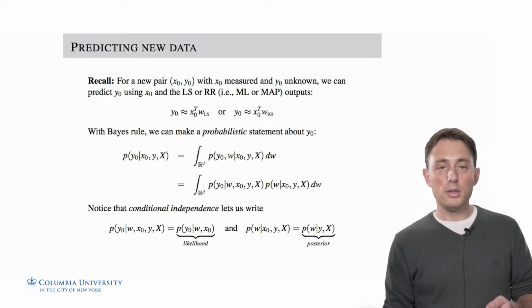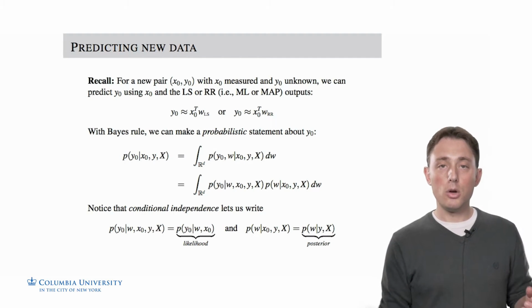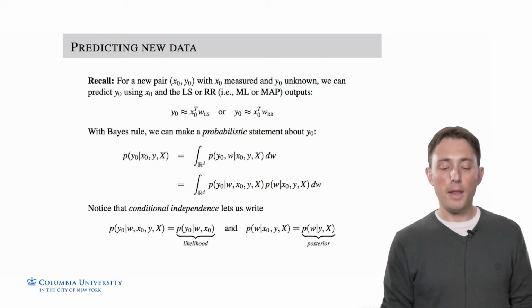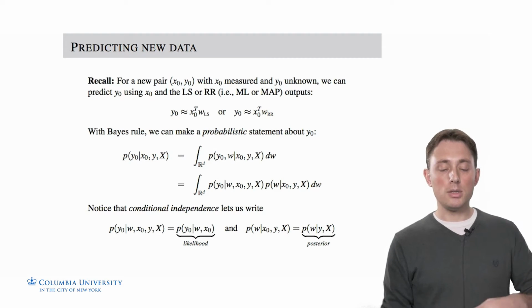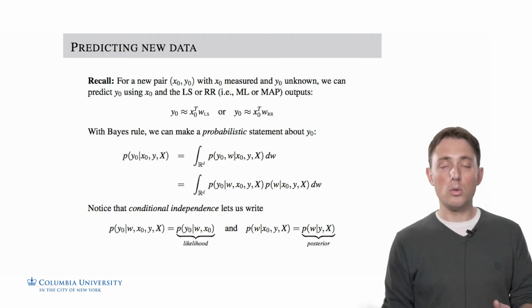Let's recall that we have a new pair, x0, y0, where x0 is the measured covariates, and we want to use x0 to somehow predict the unknown response variable y0.